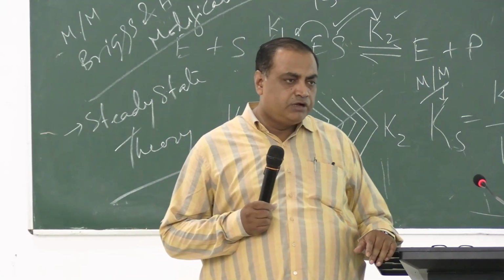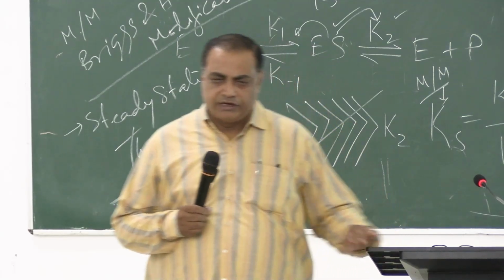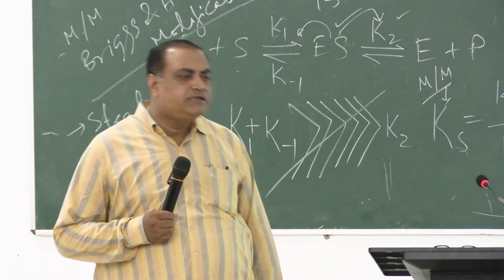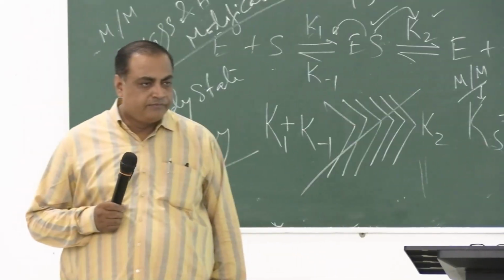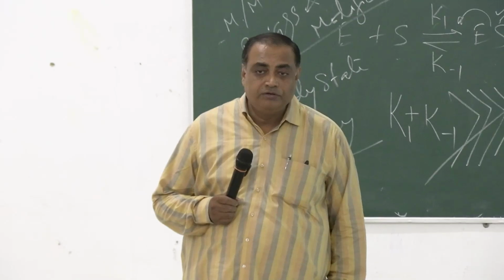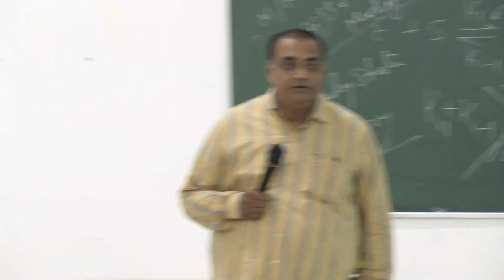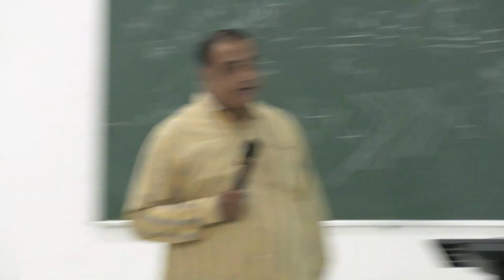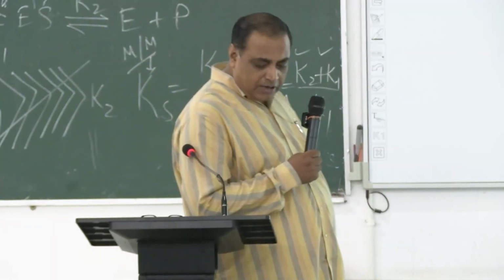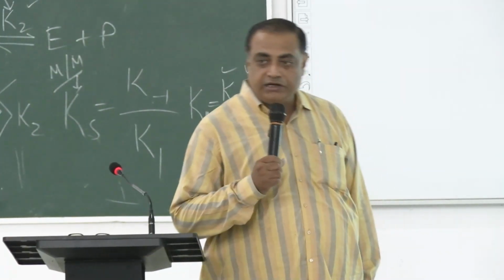See the Km value for glucokinase and the Km value for hexokinase. Which one is higher? Glucokinase. So higher means it requires more concentration of substrate to initiate the reaction.